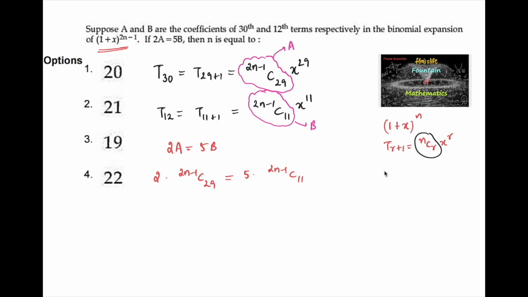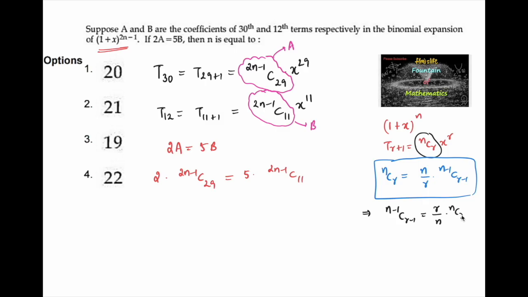Let us use the property nCr is equal to n upon r times (n minus 1) C (r minus 1), which also implies (n minus 1) C (r minus 1) is equal to r upon n times nCr. So here I can write 2 times 2n minus 1 C 29.